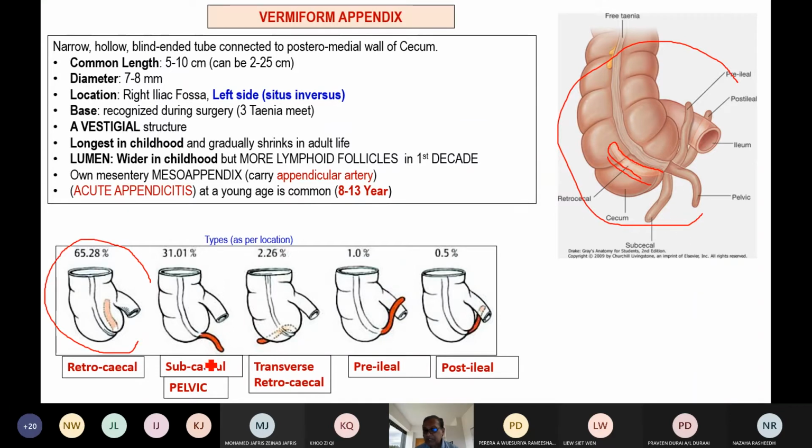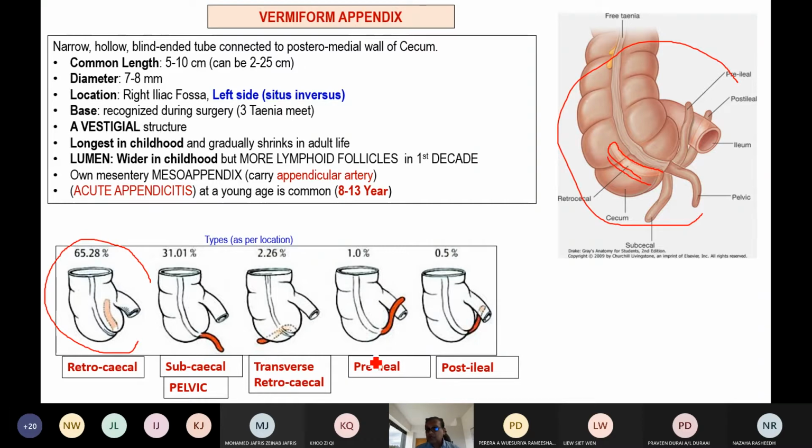And this subcecal is very dangerous. Why? Because it goes to the pelvic cavity and can touch the uterine tube and ovary. So the differential diagnosis of subcecal appendicitis may be even a ruptured ectopic gestation in the uterine tube or even ovarian pathology. So subcecal is always pelvic.